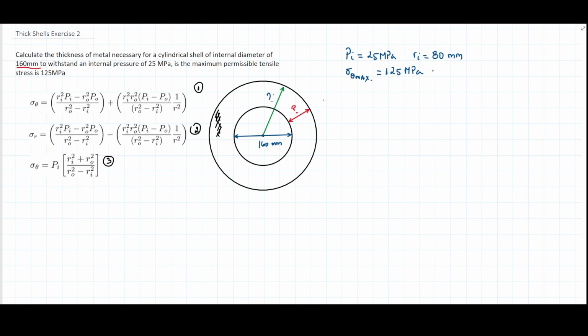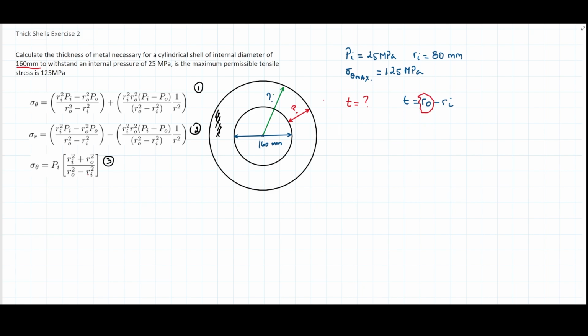It means that we need to work just with the definition of this stress to find the value of the thickness. I'm going to mark T as the thickness, knowing that the thickness is defined as the outer radius minus the inner radius. We don't have the outer radius, so we need to get it first from the formulas.